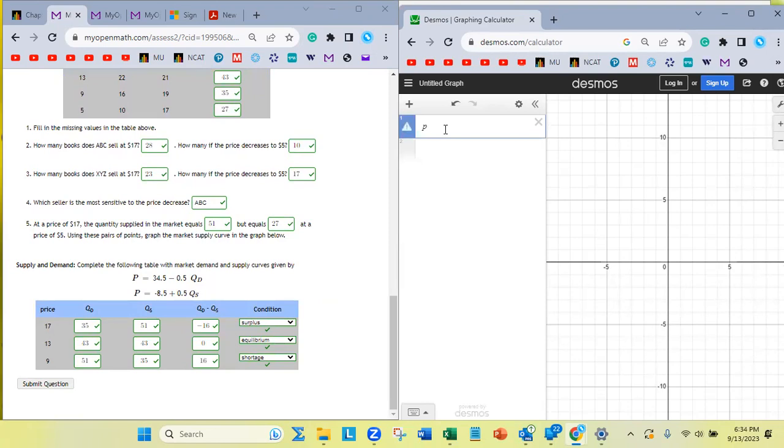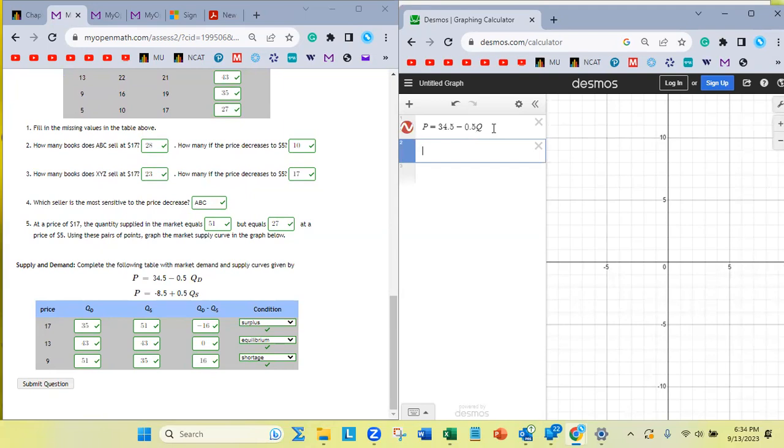So the price is 34.5 minus 0.5 Q. We don't want to use the subscript D, because Desmos considers the Q and the D next to each other as two different variables. So it wants to multiply Q and D. So we can't use D there, right?